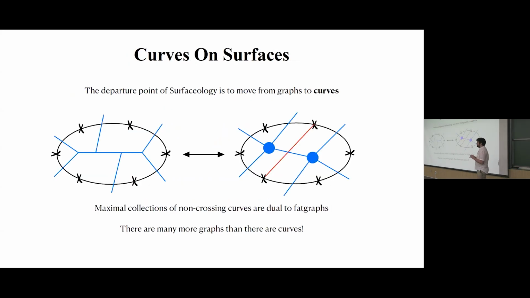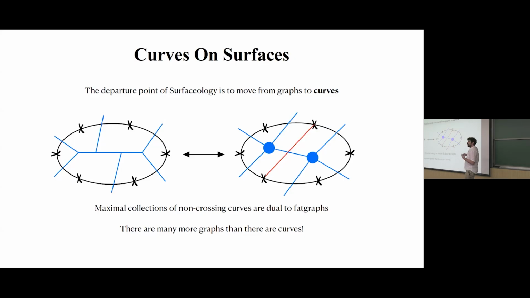Okay, so the basic insight of surfaceology is to shift the attention from Feynman integrals to curves on surfaces. So curves become the elementary building block of the entire amplitude. And this is based on a simple duality. If you draw a diagram on a surface, you can see that its propagators are dual to curves that go from a boundary to a boundary of the surface and cut through the propagators of the graph.